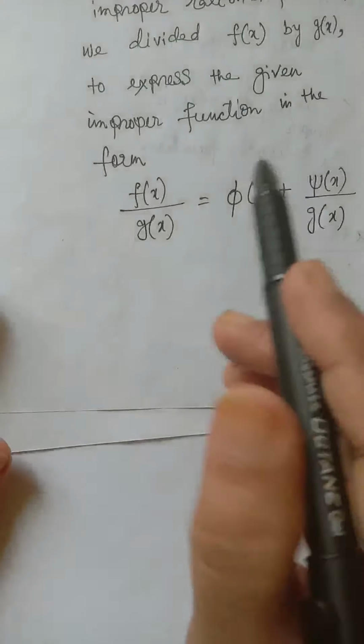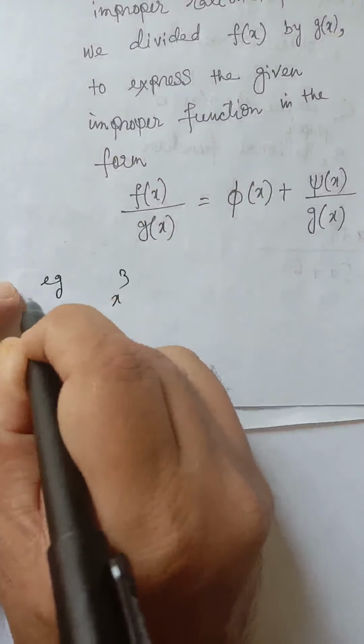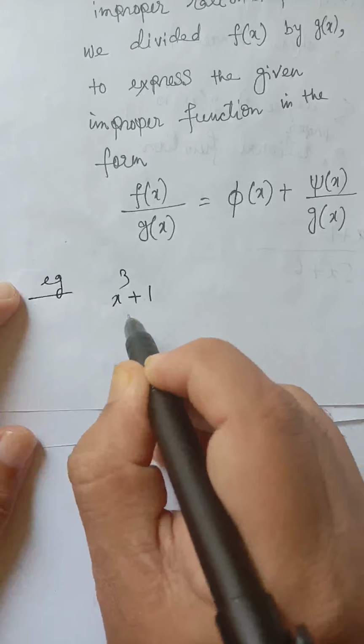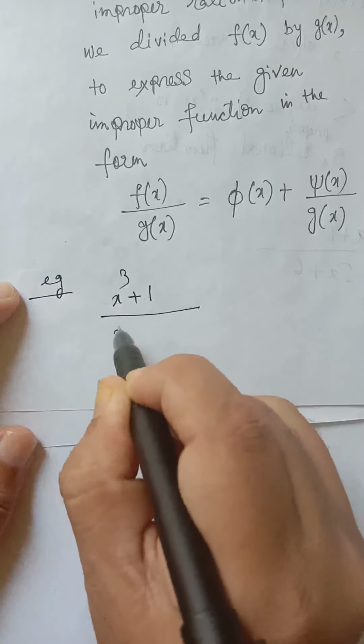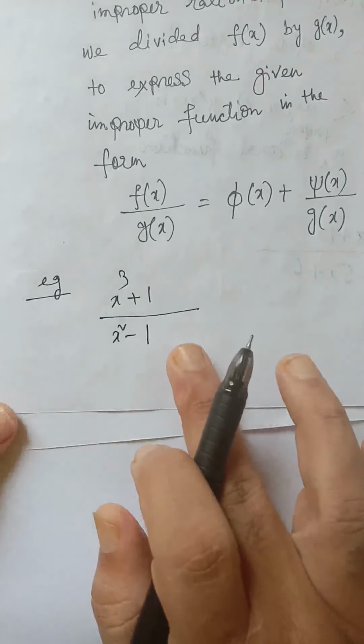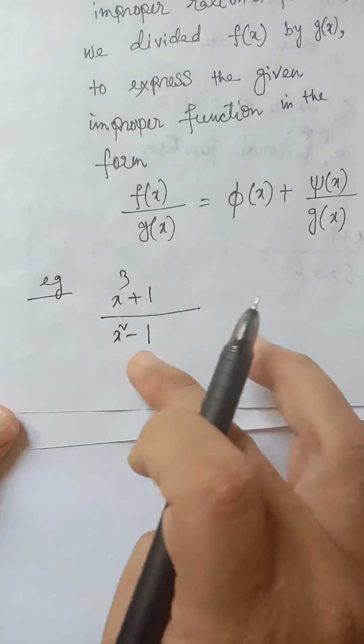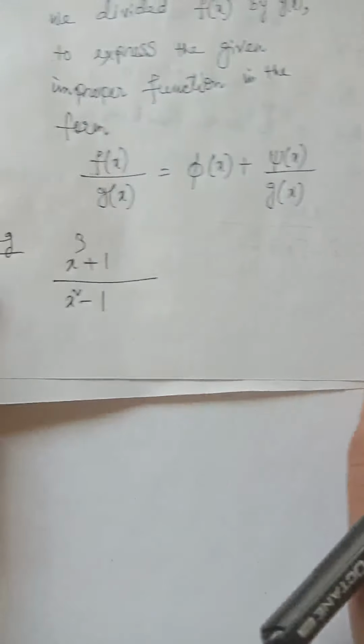Now let us take an example: (x cube plus 1) divided by (x square minus 1). Here it is an improper rational function, as degree of numerator is greater than degree of denominator.